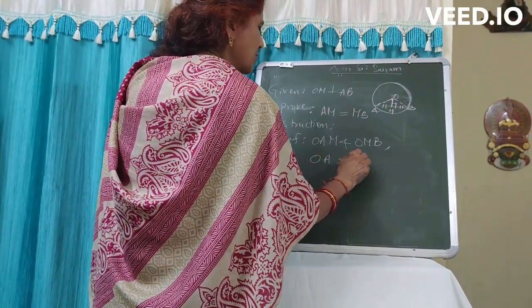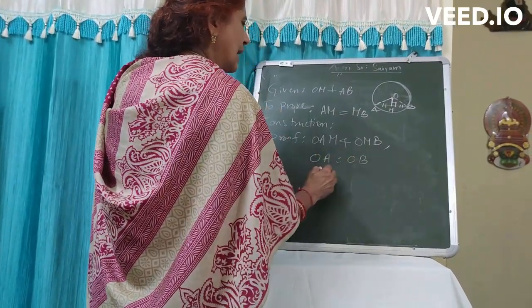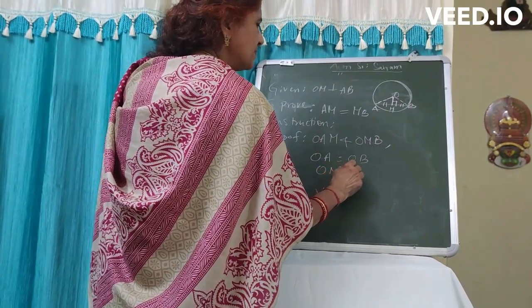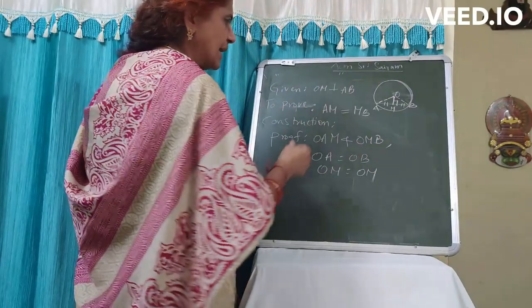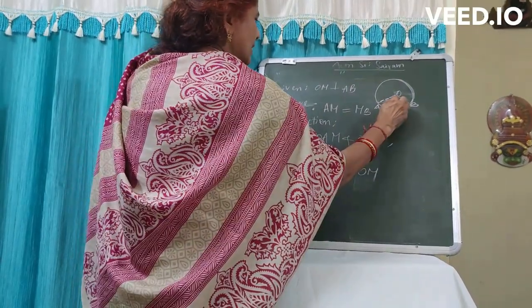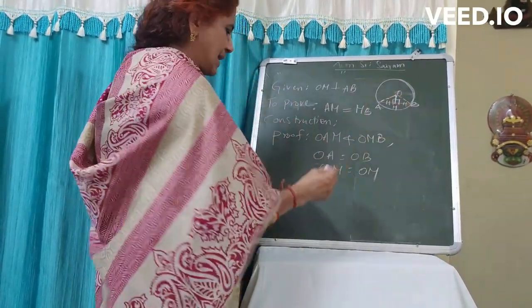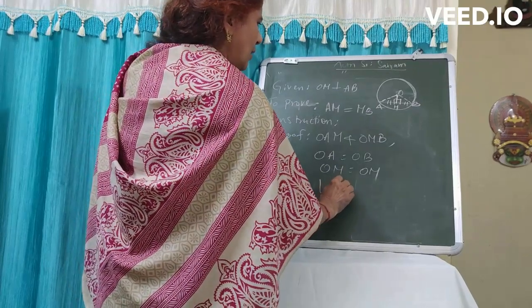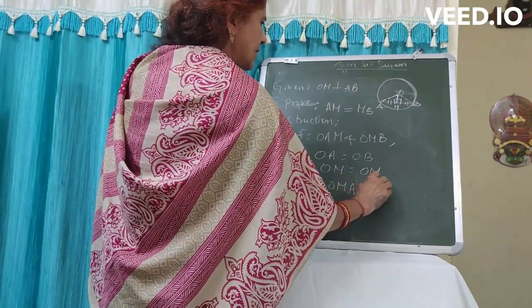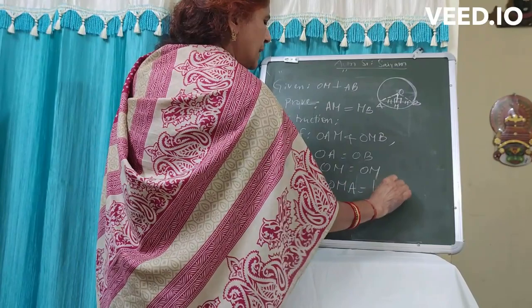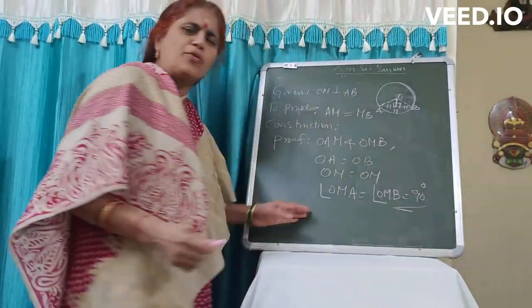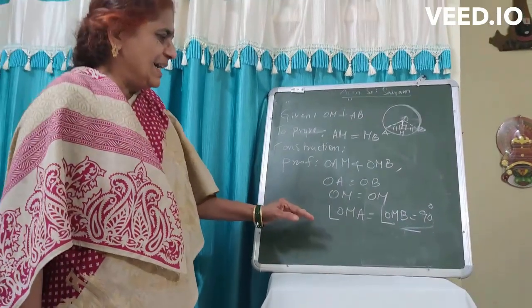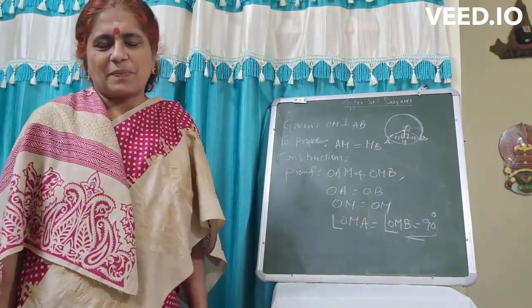OA is equal to OB, OM is common, OM equal to OM, common in both the triangles, and these two angles are right angles, that is angle OMA is equal to angle OMB is equal to 90 degrees. And hence the proof. This is what we observe.